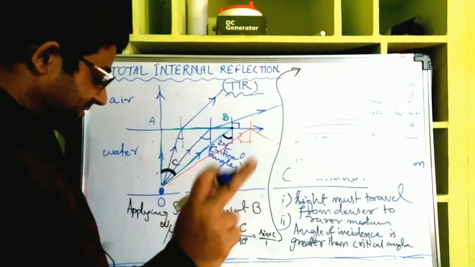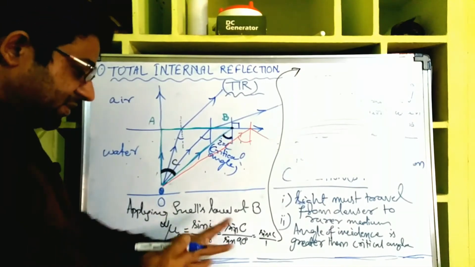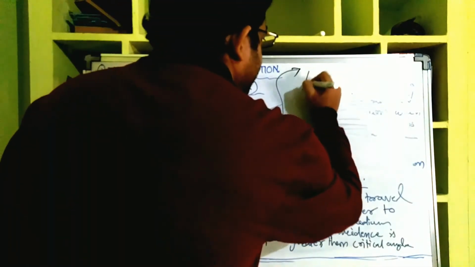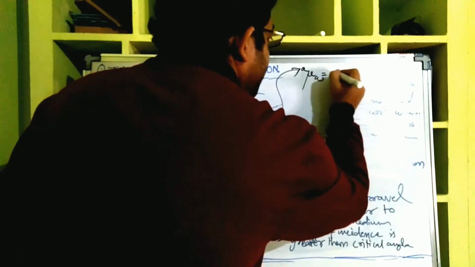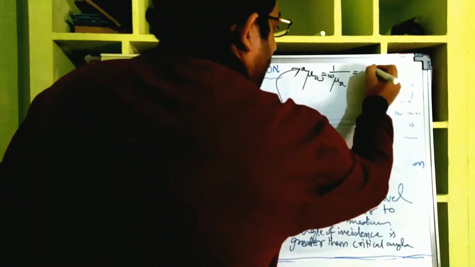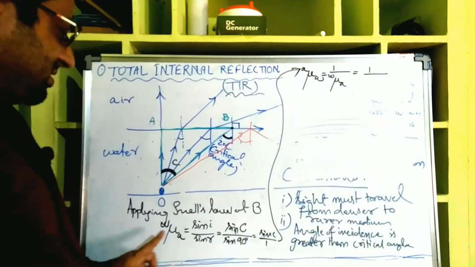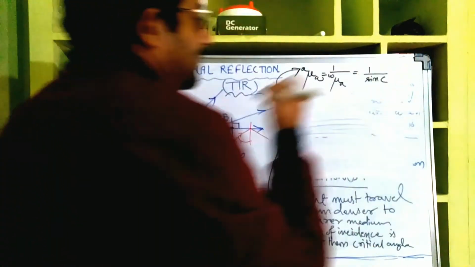So, principle of reversibility, you remember, refractive index of water with respect to air will be the reverse of this, right? Implies that refractive index of water with respect to air is equal to 1 divided by refractive index of air with respect to water, and 1 divided by this is sine C. Yes or no?